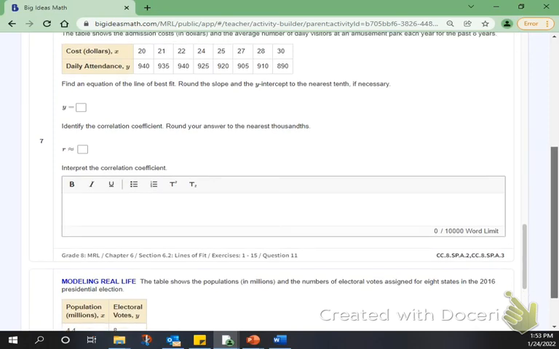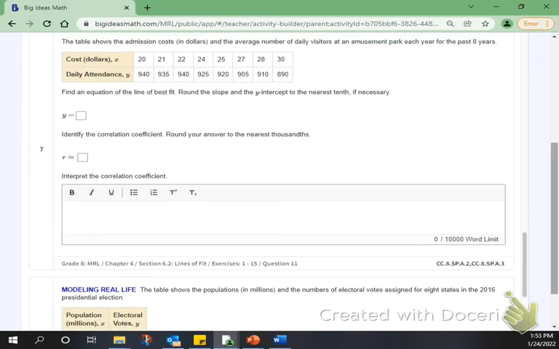Okay, look at number 7. We didn't have time to talk about correlation coefficient. We might at a future time, but you don't have to answer the R part. You do have to find an equation for the line of best fit. All right, it says this number of visitors at an amusement park each year for the last 8 years.